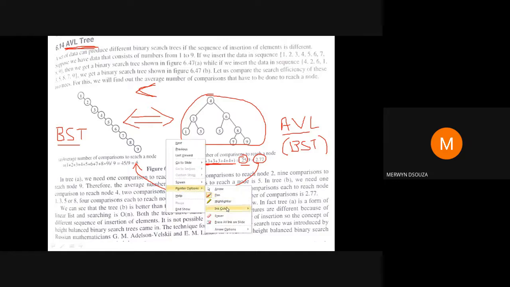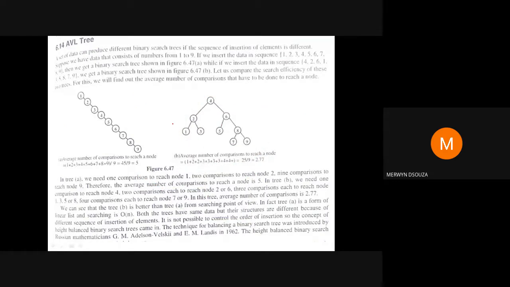Therefore, such kinds of trees are more efficient compared to certain types of binary search trees. If you remember, when I was teaching you binary trees, we were calling such trees skew trees.